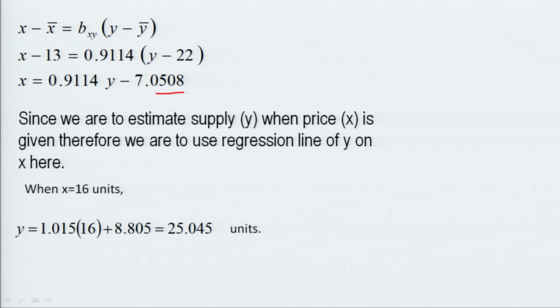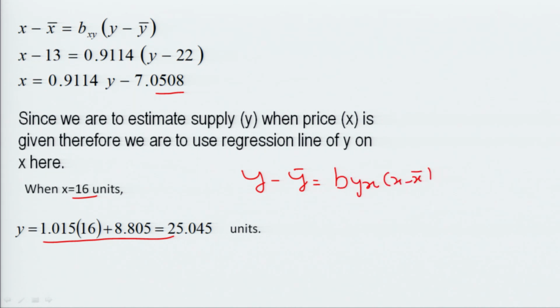Here we need the value of y when x is 16 units. x is independent and y is dependent, so we use the line of regression y on x. The equation is y minus y bar equals byx times x minus x bar. After putting these values we get y equals 1.015 x plus 8.805.